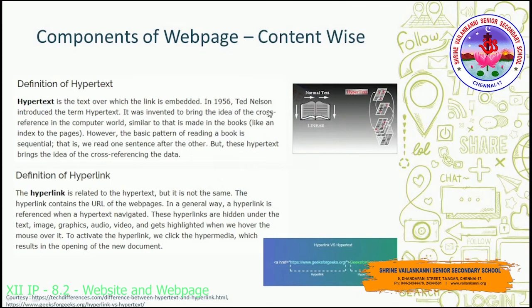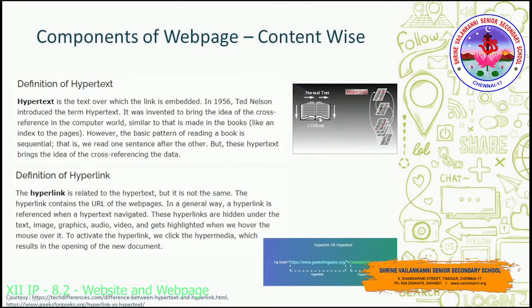In 1956, Ted Nelson introduced the term hypertext. It was invented to bring the idea of cross-reference into the computer world, similar to an index to the pages in books. However, the basic pattern of reading a book is sequential: we read one sentence after another. But hypertext brings the idea of cross-referencing the data.